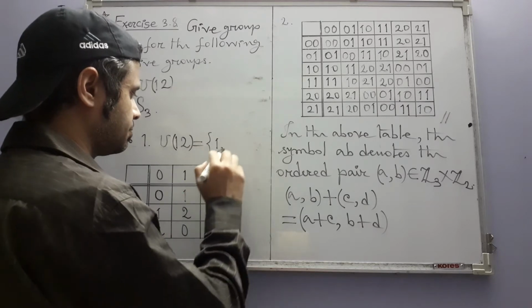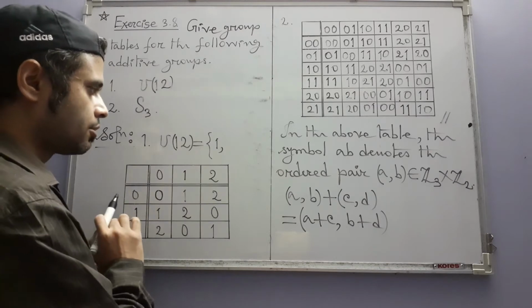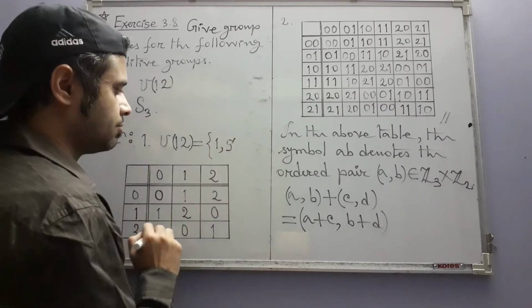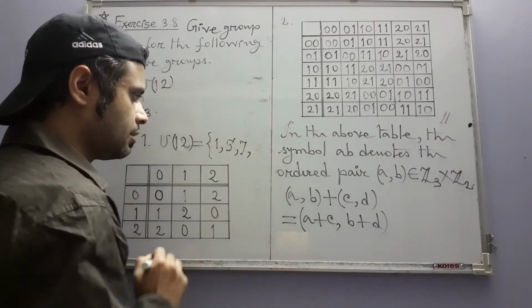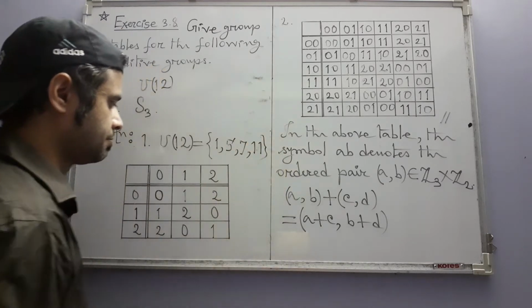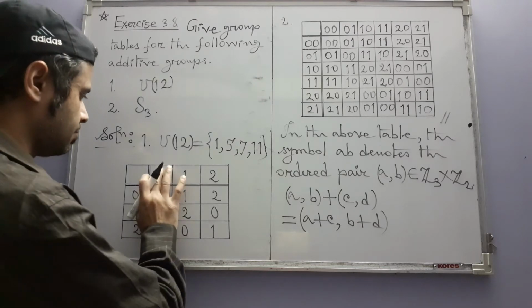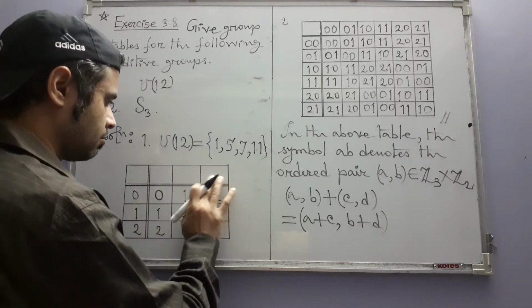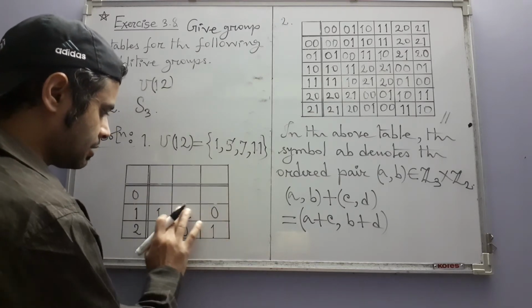1, 2 and 3 are not relatively prime to 12, 4 is also not relatively prime to 12, 5, 6 is not, 7, 8 and 9 are not, 10 is also not, 11. Okay, so these are the elements in this group. So we do need one more row and one more column here. We can modify this table itself.